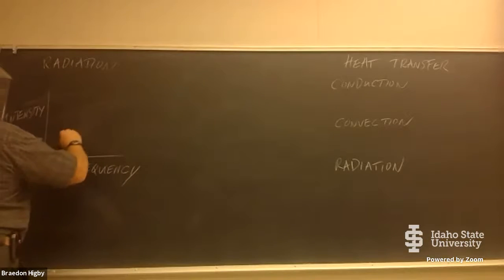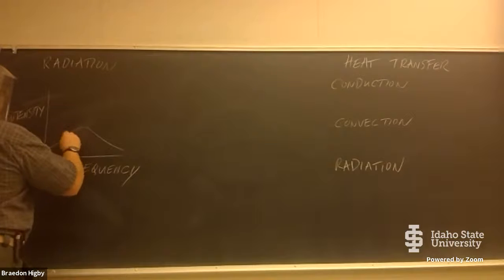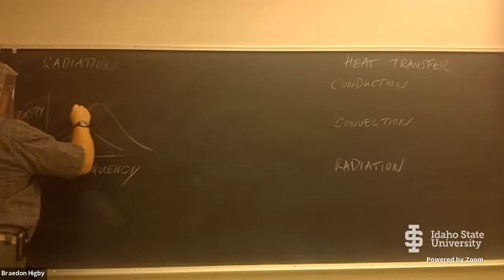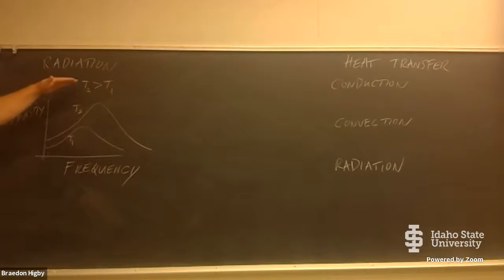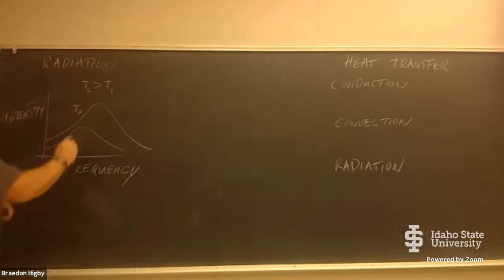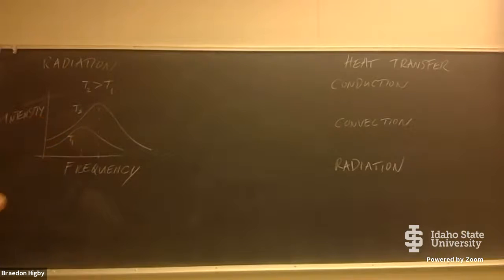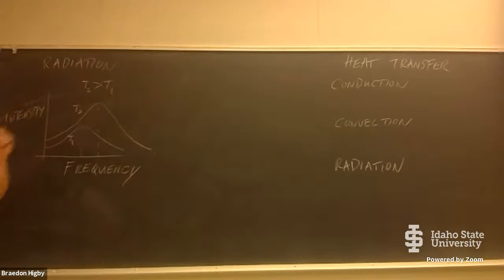We tend to have curves with a clear peak in frequency, and so we'll get more intense radiation on something warmer, and the frequency of its peak will also shift to higher frequencies. And typically, visible light is out over here. And so we tend not to see the thermal energy that things emit. But if you get something hot enough, you can see this.